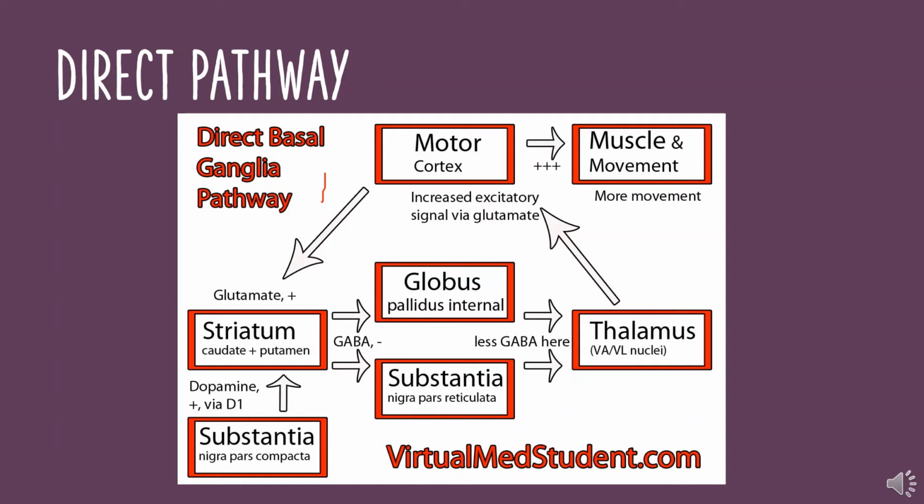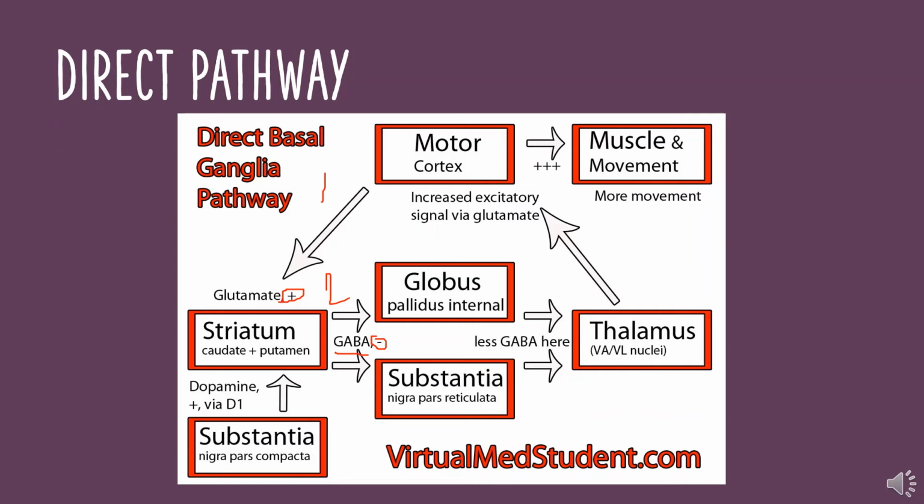Now we know that the glutamatergic fibers release glutamate, which is a stimulatory neurotransmitter, which will stimulate the GABAergic neurons located within the striatum. Now, when the GABAergic neurons are stimulated, these are then going to release GABA, an inhibitory neurotransmitter, into the globus pallidus internus and the substantia nigra reticular part.